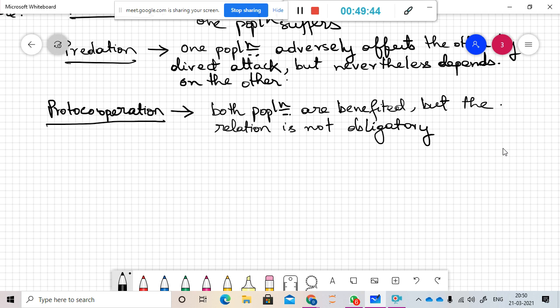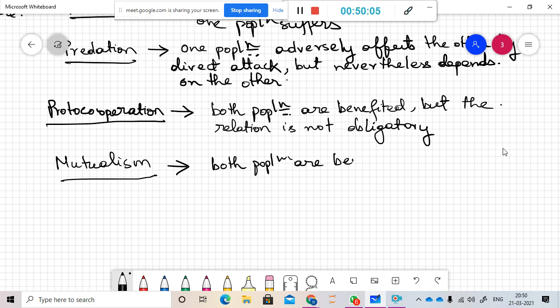It is not obligatory. And then finally you have mutualism, in which both populations are benefited, in growth and survival, because of this association, and this is obligatory. One cannot survive without the other.